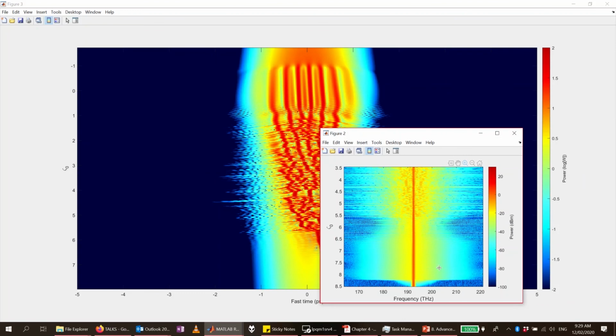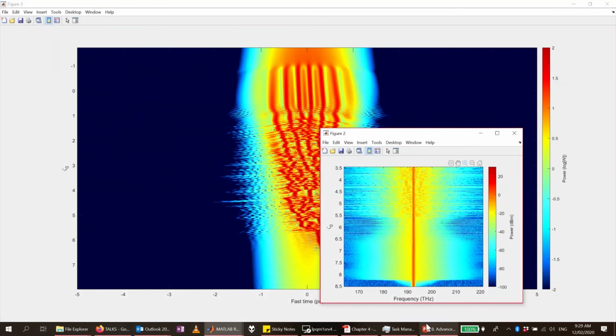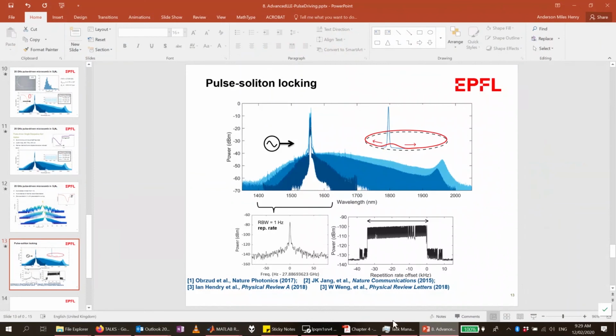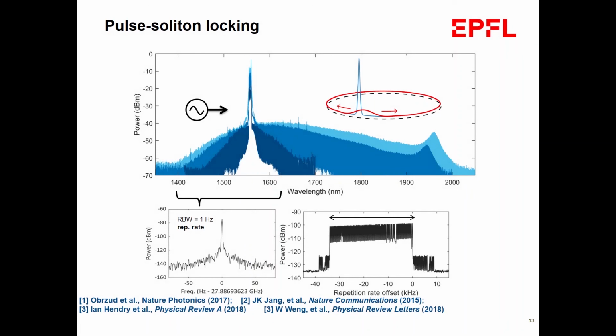So it's about 170 to 220. And this is the one we formed experimentally. This one has a dispersive wave, as we've discussed, but it's much the same as the one I just simulated, basically.